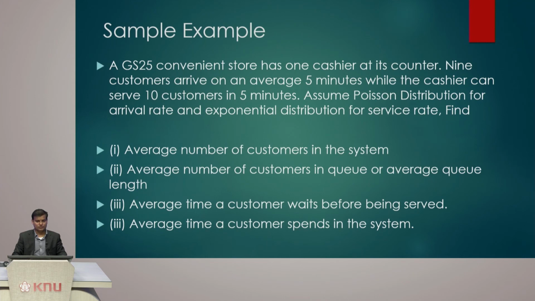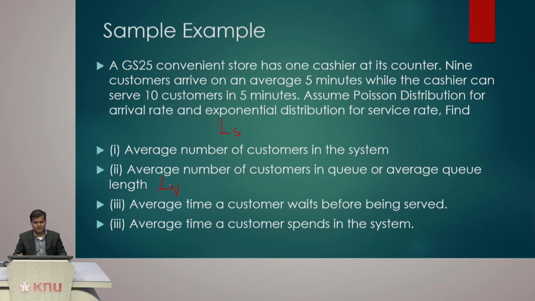Assume a Poisson distribution for the arrival rate and an exponential distribution for the service rate. You are asked to find the average number of customers in the system, which is L sub s, and the average number of customers in the queue, or average queue length, which is L sub q.